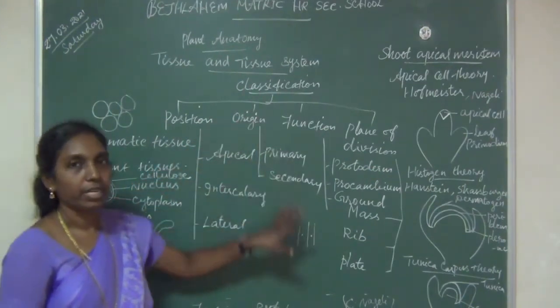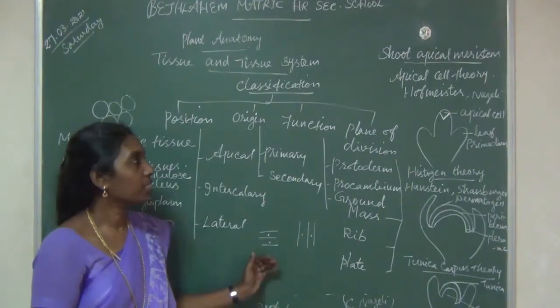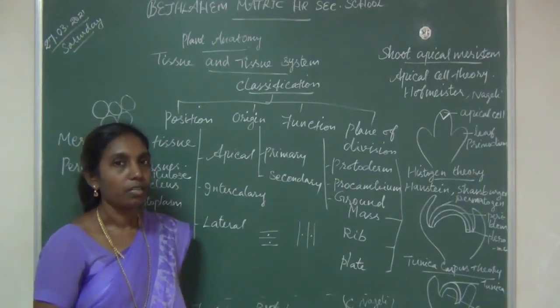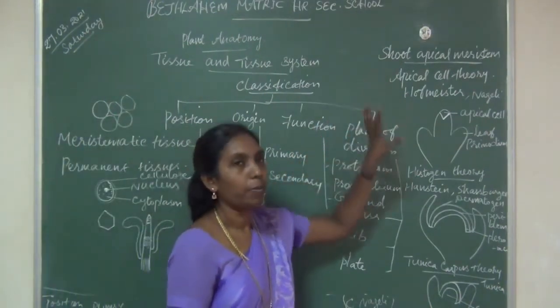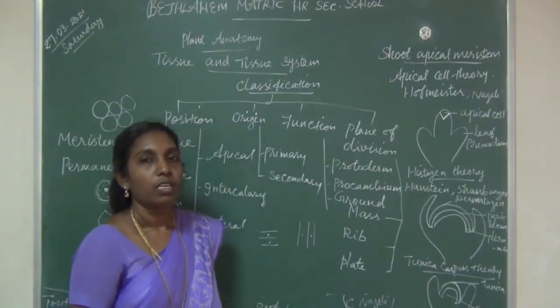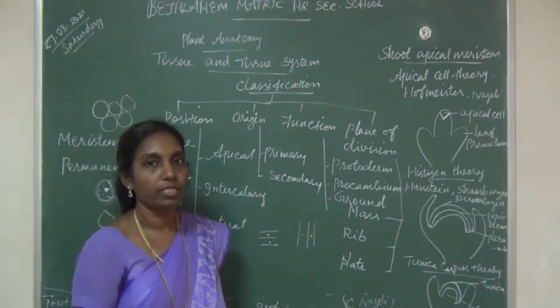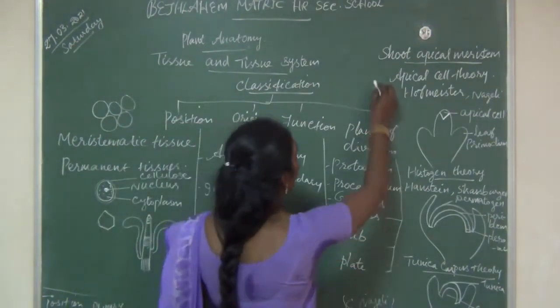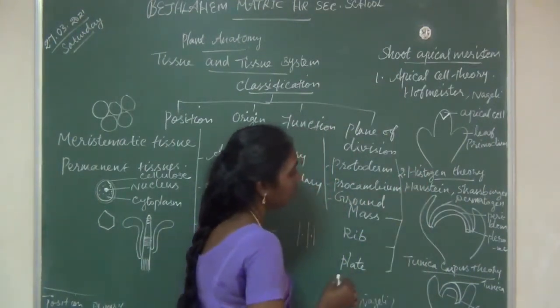Types of meristematic tissue. Then there are certain theories proposed based on the meristematic cell. There is the shoot apical meristem theory. Under shoot apical meristem, three different theories are proposed. Number 1, apical cell theory. Number 2, histogen theory.